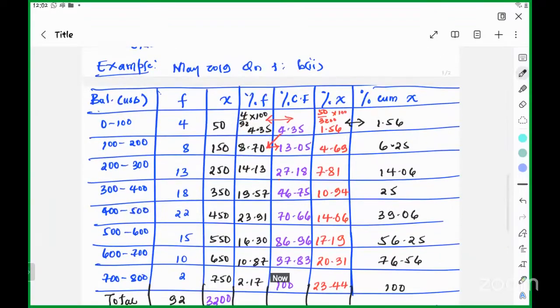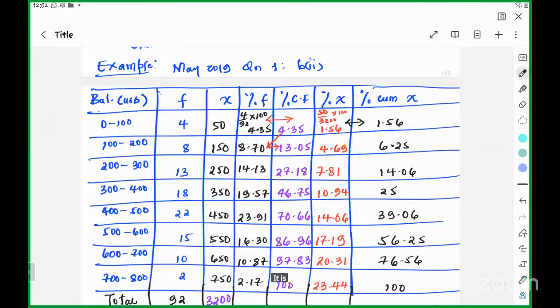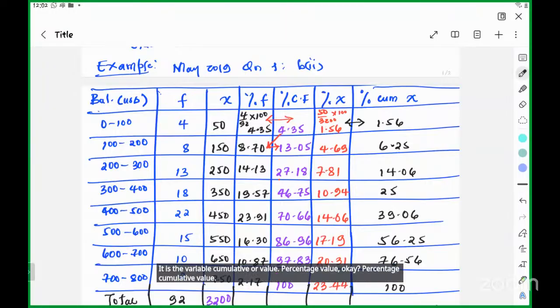Now, listen. This is a unique curve where percentage cumulative frequency goes on the horizontal. It is the variable cumulative value, percentage value, okay? Percentage cumulative value on the vertical against percentage cumulative frequency.